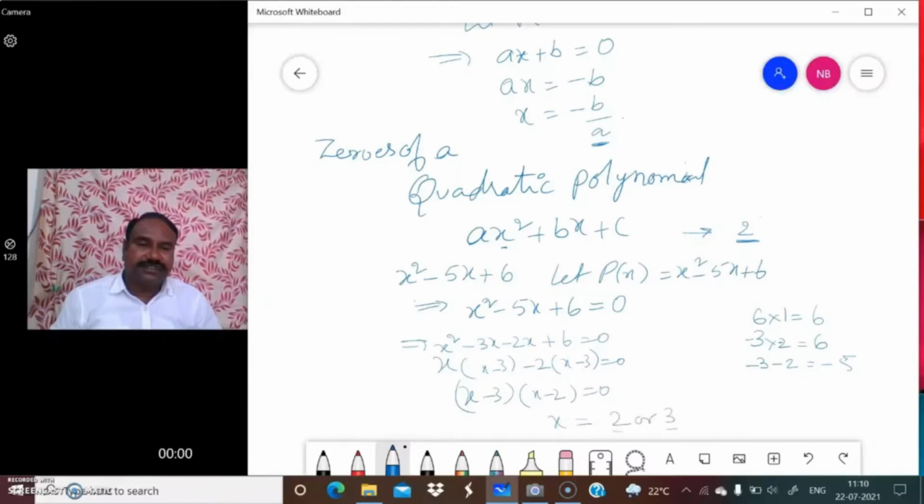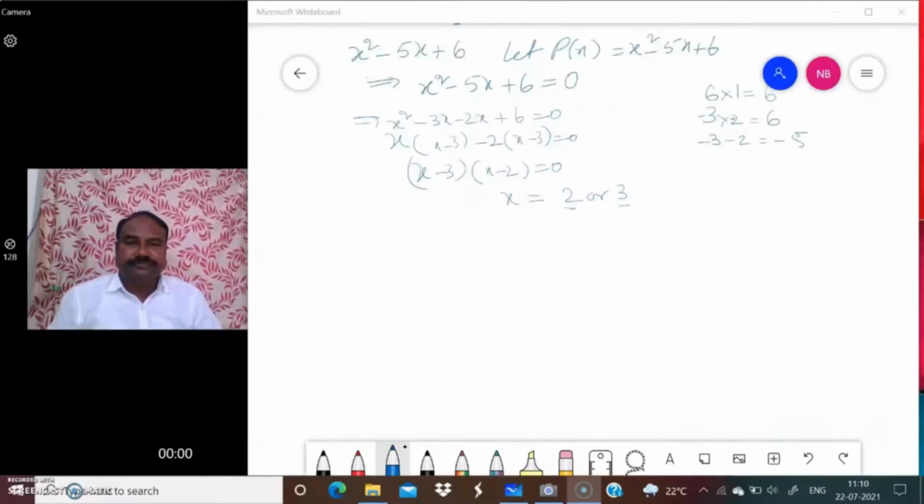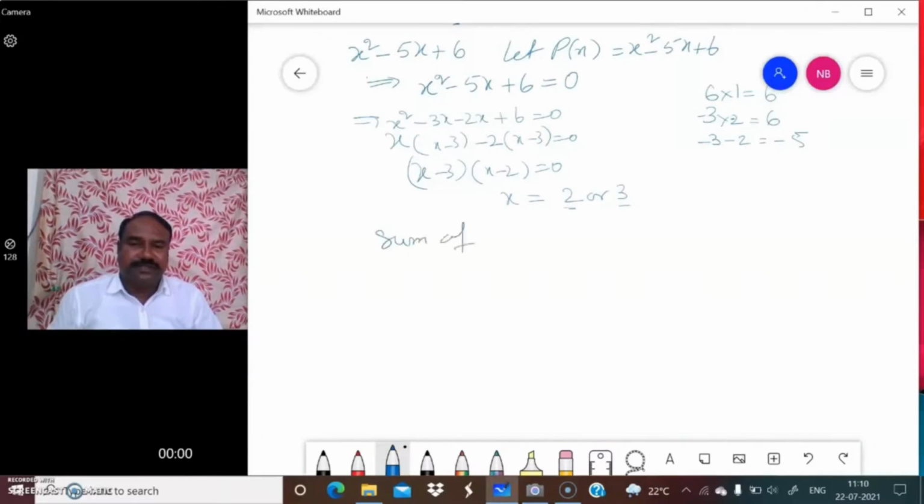So these 2 and 3 are called the zeros of this x square minus 5x plus 6, 2 zeros, 2 and 3. Sum of zeros is equal to 2 plus 3, that is equal to 5.